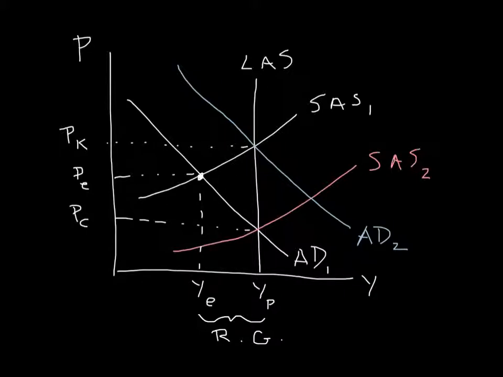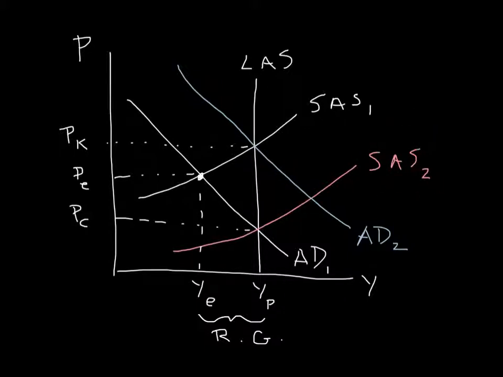What this graph indicates are two perspectives on this. First, we're going to take the classical perspective. In the classical perspective, what we do in this situation is we wait for prices and wages to move downward. The recession will cause prices to go down, wages to go down, and we will see this short-run aggregate supply curve, number 1, shift down and to the right until it becomes SAS2.